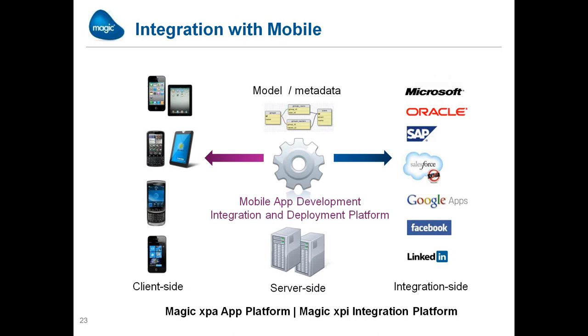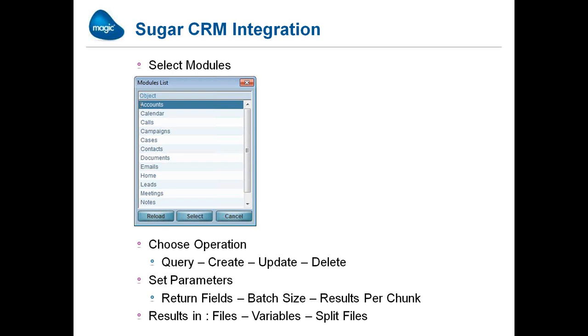The server side of your mobile application is also done in the same application platform. Really simplifies things, and you can do that on your own in your IT department, or you can simply talk to a Magic partner or Magic Professional Services who can help you to build those apps that might extend the business functionality in your environment.